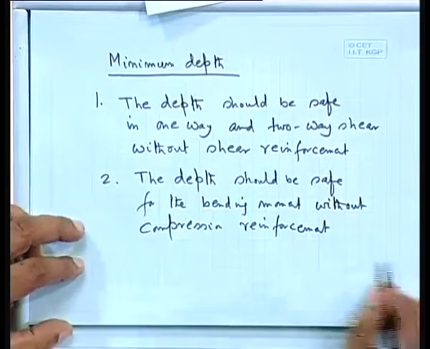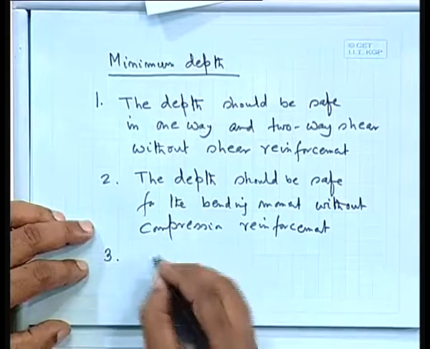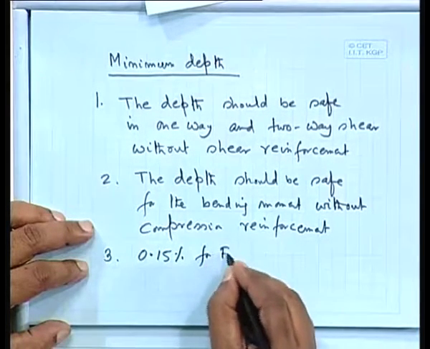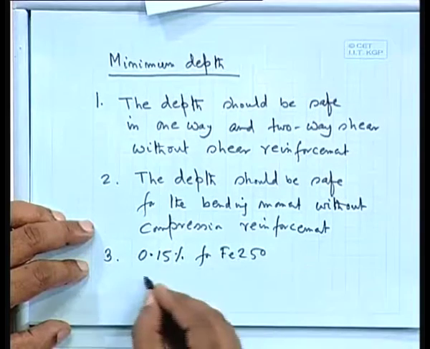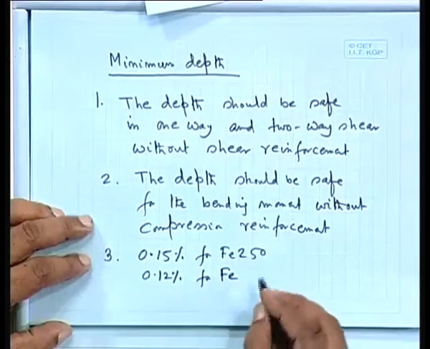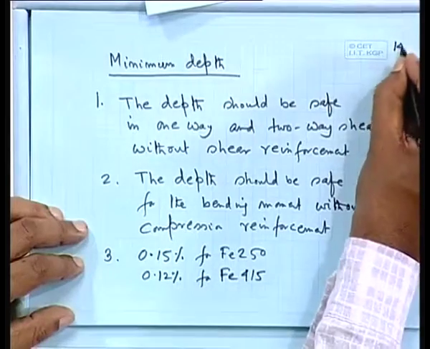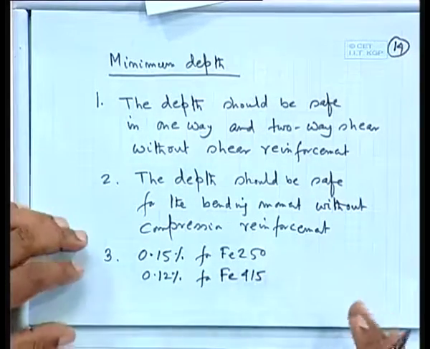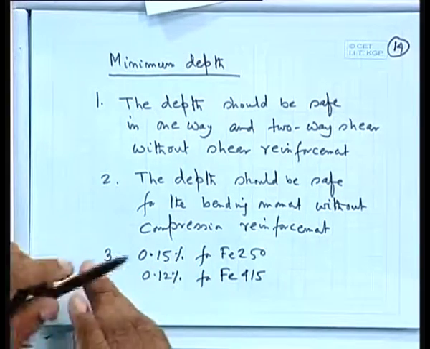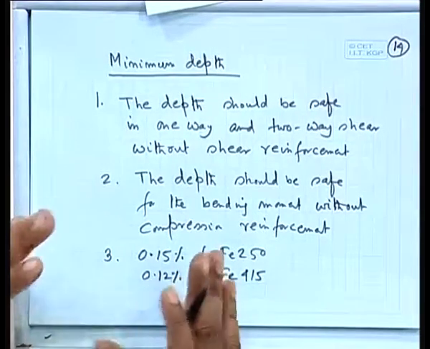I have already told that we can take 0.15% for Fe 250, and 0.12% for Fe 415 as well as 500. So this depth you have to provide, and also 150 millimeter at the edge of the footing. This should be the minimum depth.